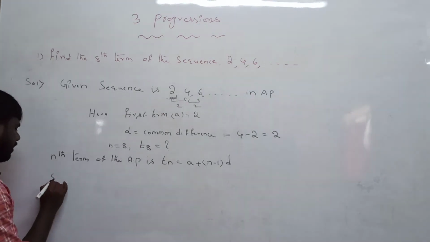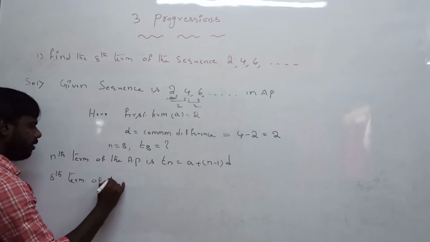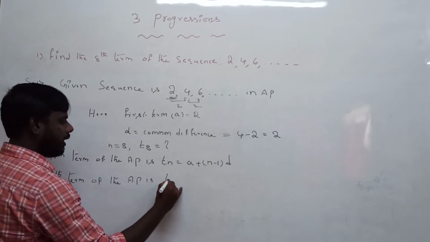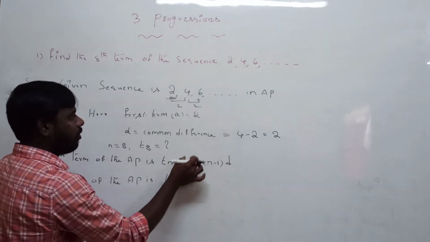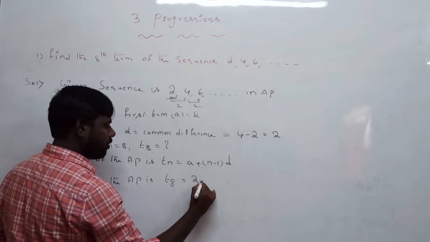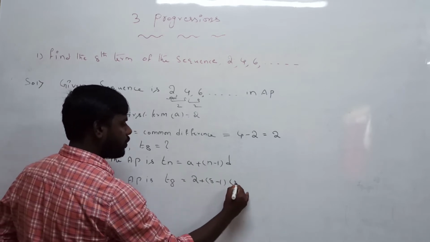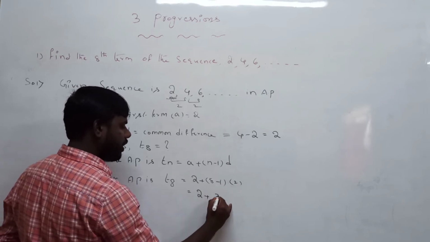To calculate the 8th term, the n value is 8. The a value is 2, n is 8 minus 1, into d value 2. Simplify the right hand side: 2 plus 8 minus 1 into 7.